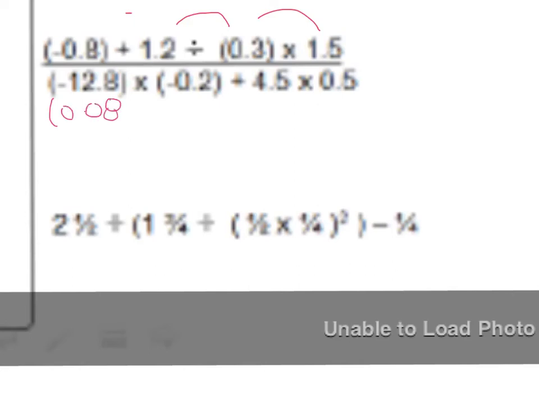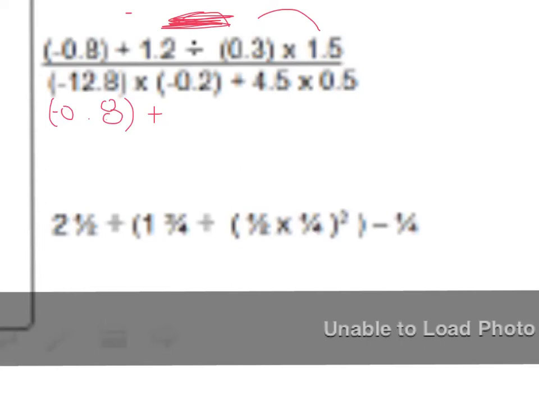Negative 0.8. I'm going to add to that whatever I get from this. So let's do that. So 1.2 divided by 0.3, and that just happens to be the number 4.